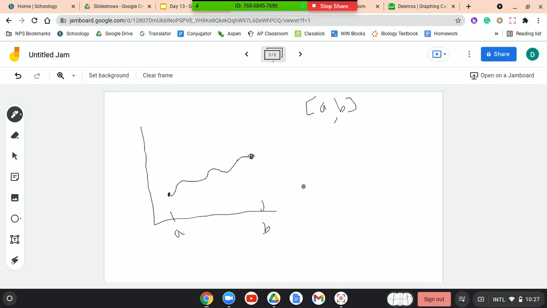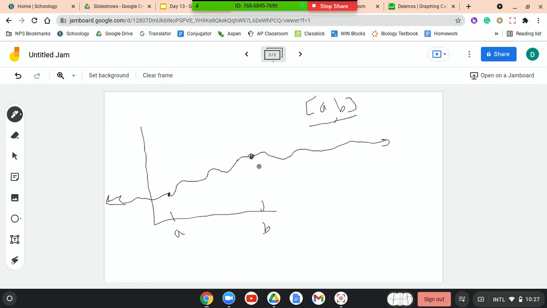However, that doesn't always have to be the case for our rules to work. The function could be defined all the way on and on and on, and we could be just considering a to b. Let's say we're just considering some random interval. Obviously, the domain of this function goes on forever, but let's say we're just considering this interval and we want to figure out the maxima or minima.